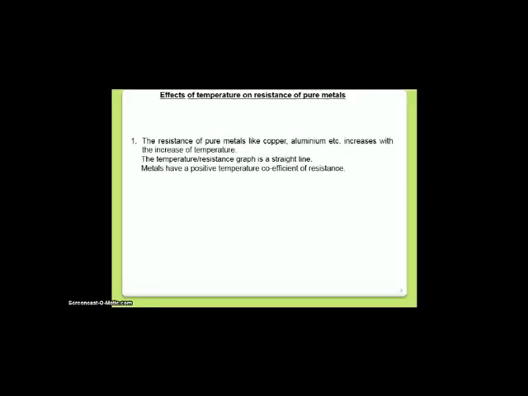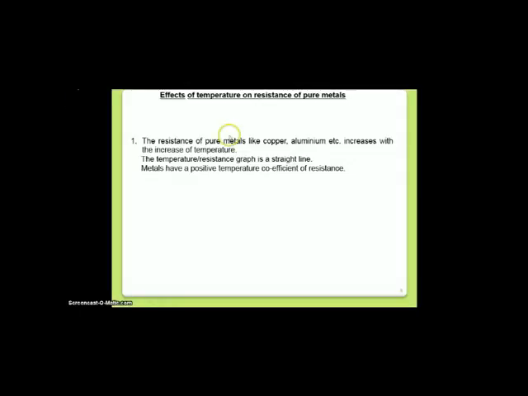Now, studying a little more detail about the effects of temperature on resistance, we can see that the resistance of a material of course depends on temperature, but this depends on the type of the material. If you consider pure samples, that is pure metals, the resistance and the temperature are found to have a linear relationship.